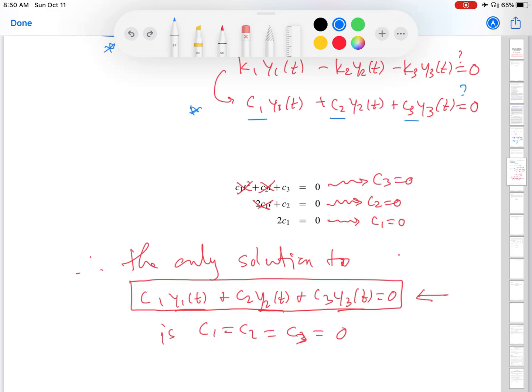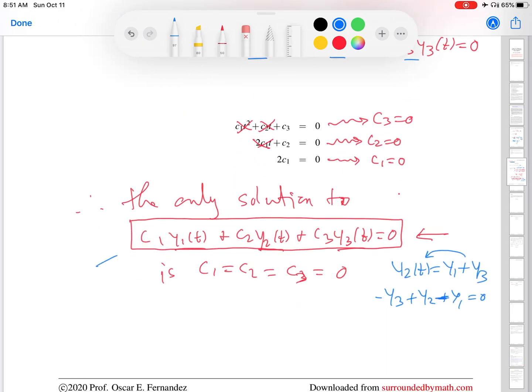If such a relationship existed, let's say like y2 equals y1 plus y3, then I could move things over to the left-hand side, and I would have minus y3 plus y2 minus y1 equals 0. And in this form, that would tell me that c3 is negative 1, c2 is 1, and c1 is negative 1.